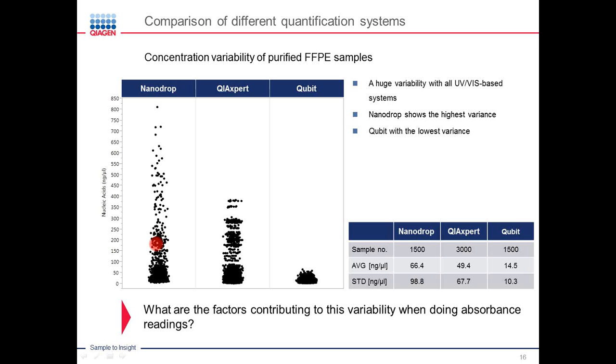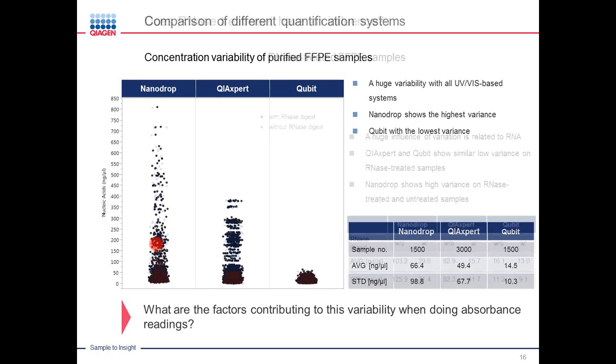So having in mind that on the qubit system, based on the fluorescent assays used, only DNA is quantitated, we first looked at the difference generated by samples treated with RNase versus samples not treated with RNase.